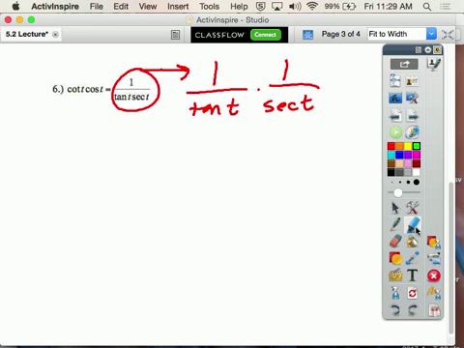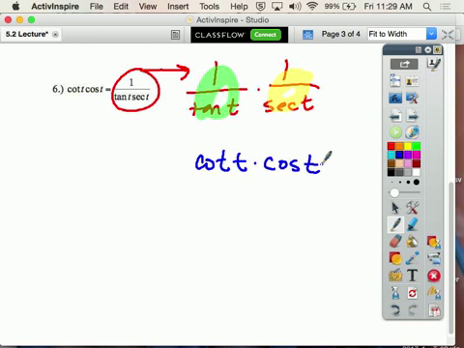And the reason this really makes me happy is I know that this 1 over the tangent of t is really the same thing as cotangent of t. And the stuff on the right-hand side, 1 over the secant of t, is really the same thing as cosine of t. Ta-da!